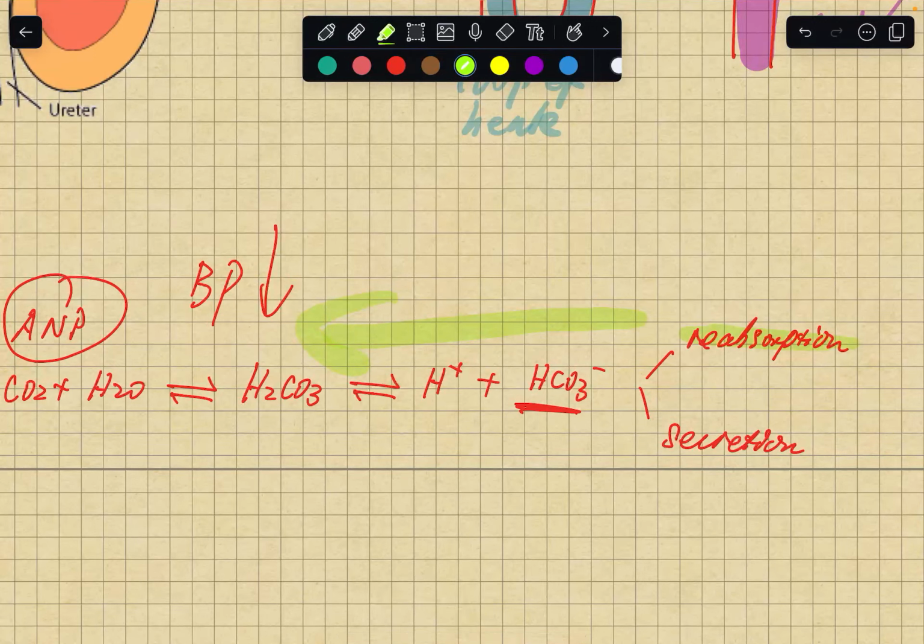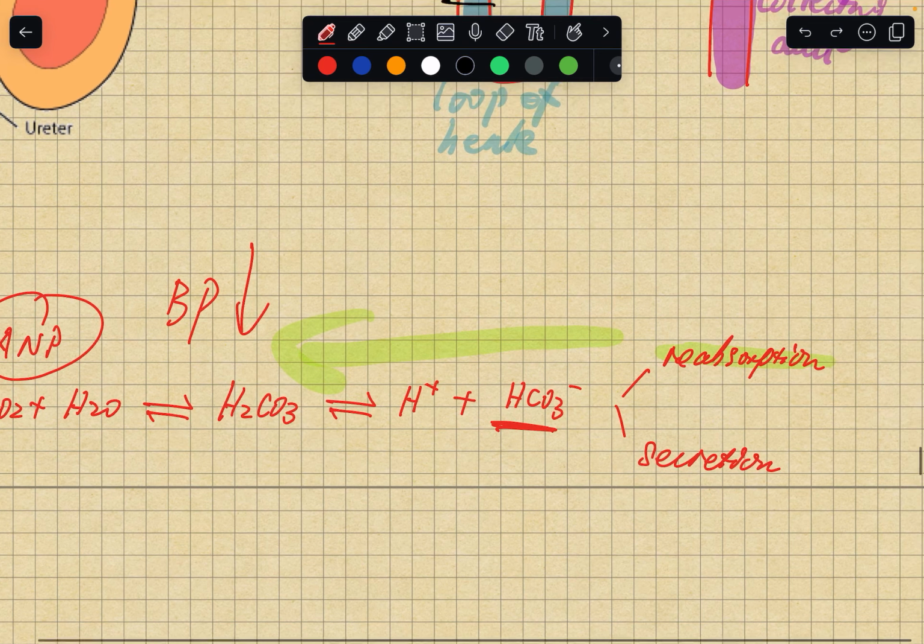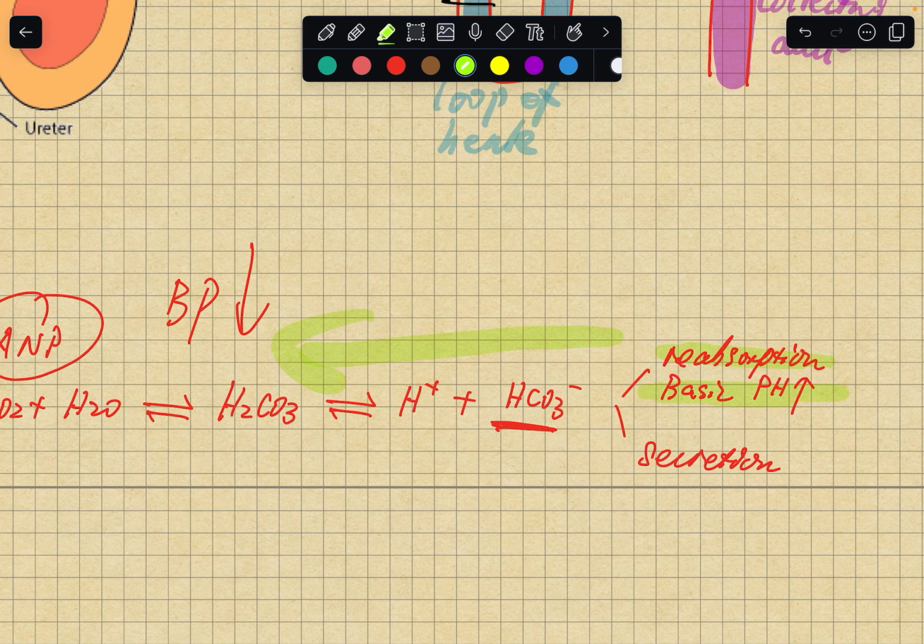Driving the reaction toward this way means you have less proton produced. Less proton produced in your blood means your blood is getting more basic, right? And then the blood pH will increase, okay? That's the case for reabsorption of bicarbonate, okay?